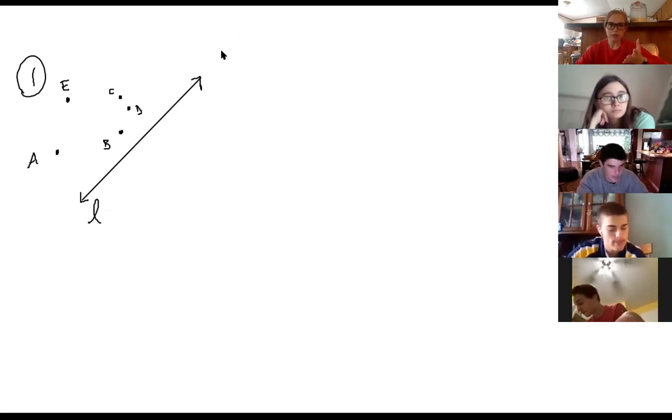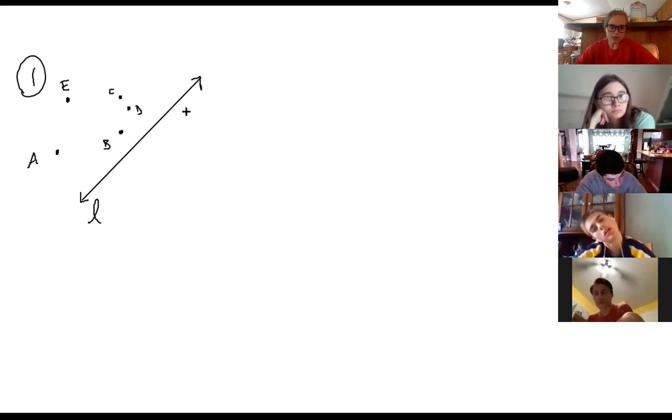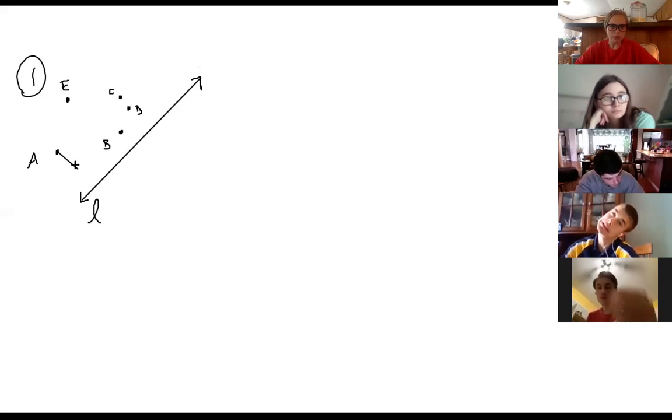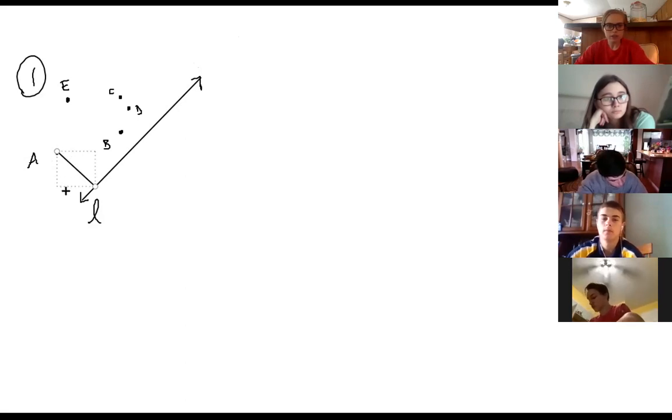Well, I'm going to draw perpendicular bisectors to, where am I going to draw it perpendicular to? I'm going to draw it perpendicular to the middle line here, line L. So from A, I would draw a line there, and then let's see if I can copy that. Same line.